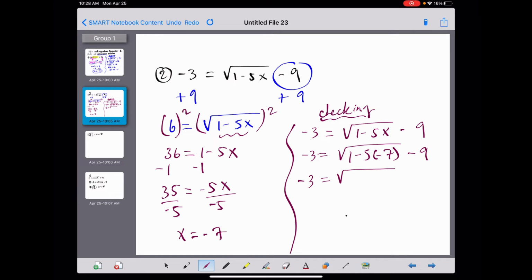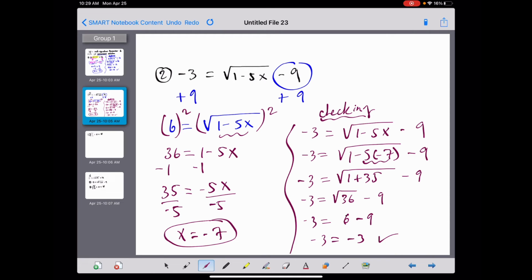This right here is positive 35. So -3 equals square root of 36 minus 9. Square root of 36 is 6, minus 9. So -3 does equal -3. So our answer, -7, is also correct. Okay, let's move on to number 3.